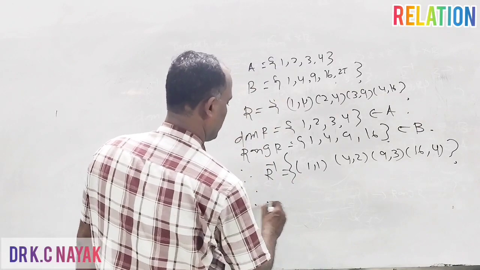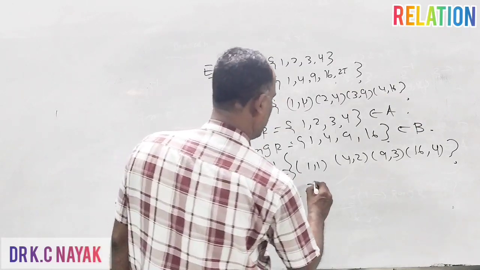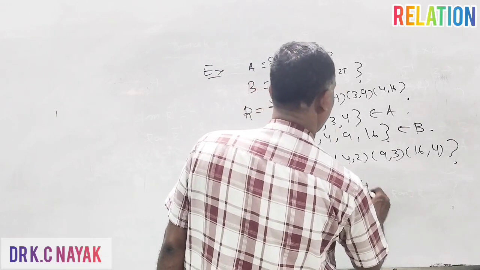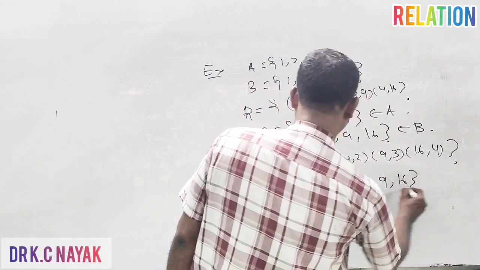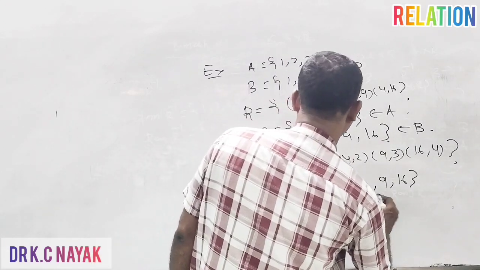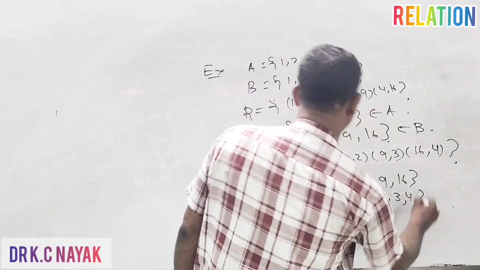So the domain of R inverse is {1, 4, 9, 16} and the range of R inverse is {1, 2, 3, 4}.